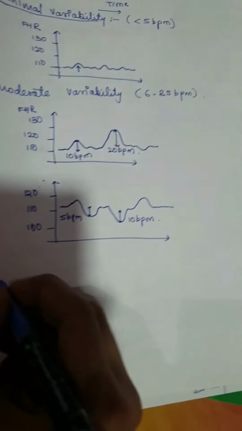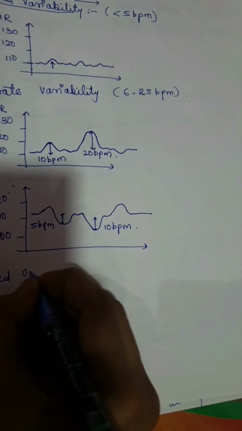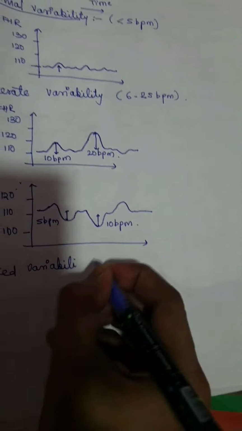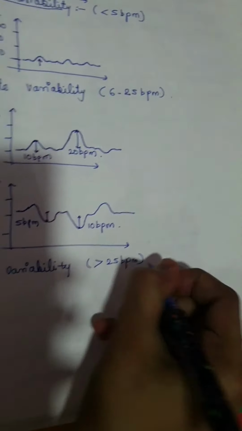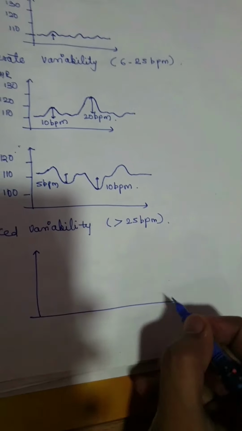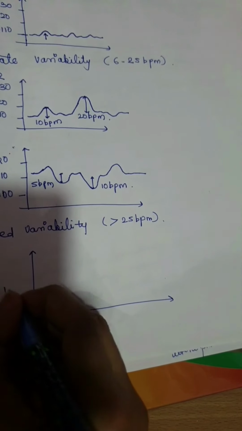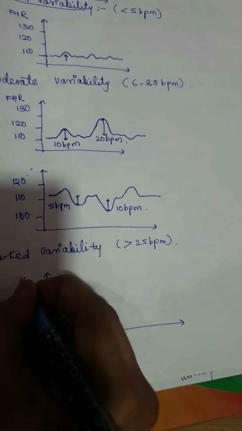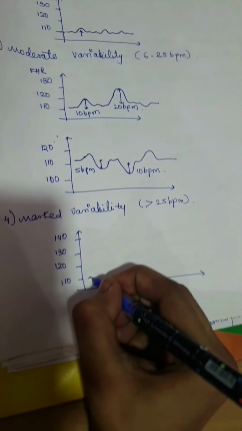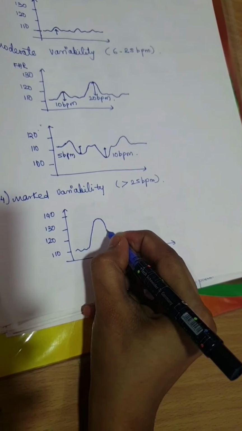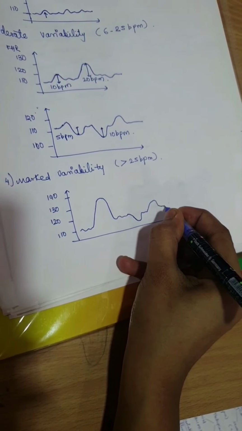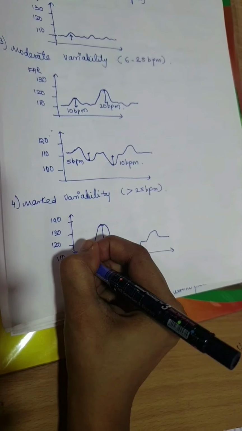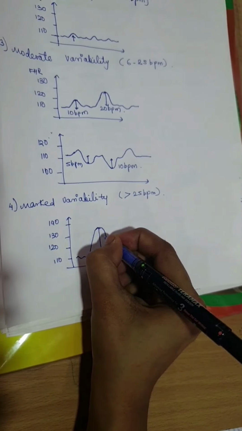And the fourth is the marked variability, where the variability is greater than 25 beats per minute. If this is the baseline, there is a marked variability. Similarly, it could go down also. See, 10, 20, 25. This is 25 beats per minute.